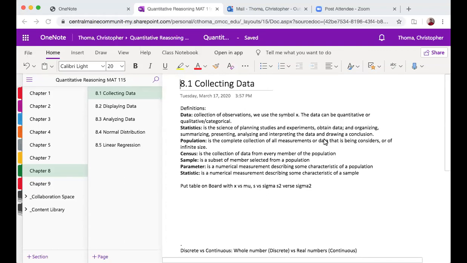And sometimes it can be both, right? So if you think about grades for anything, you can get A, B, C, D, or an F, which would be categorical data, or qualitative. Or I can assign numbers, 90%, 80%, 70%, and it can be quantitative.